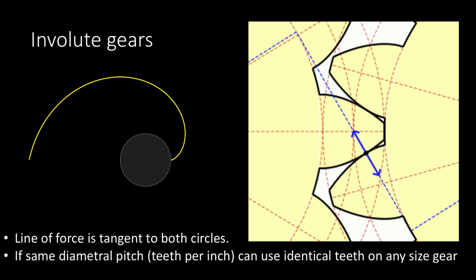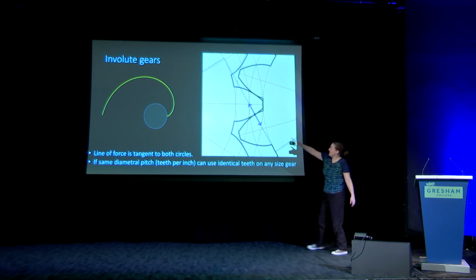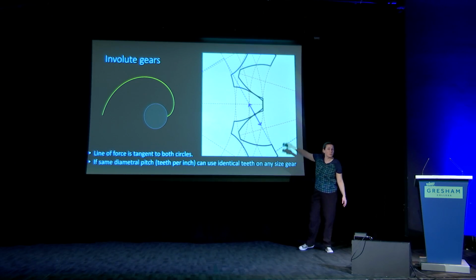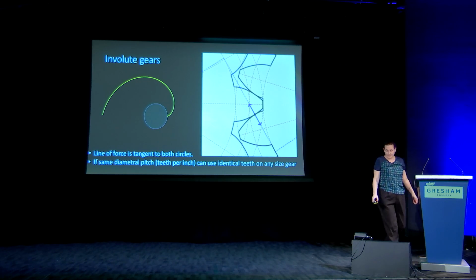So that means if you're producing these things industrially, you don't need to have multiple different possibilities. You can use the same on every gear. That's a very useful property. So yes, you see arcs of involutes of circles in gears.